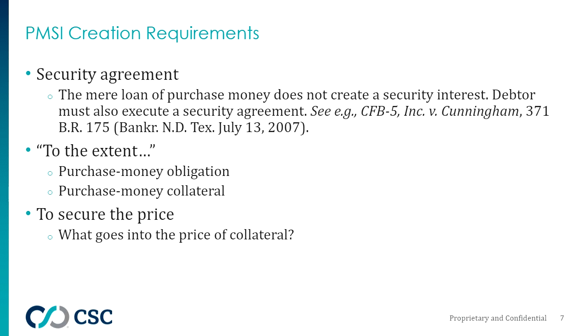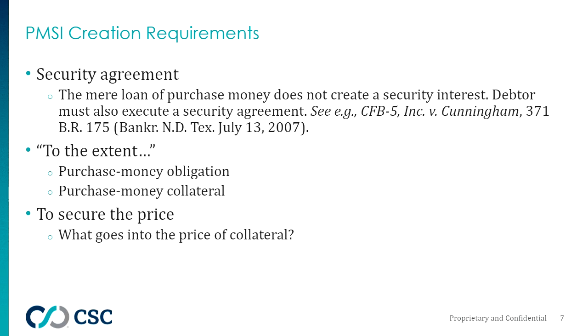And what is a purchase money obligation? The money that enabled the debtor to acquire rights in the collateral. But what happens if the loan is for more than the collateral or the cost of acquiring the collateral? Well, the purchase money security interest will only extend to the extent that it's a purchase money obligation, and the purchase money priority won't apply to the other funds that were part of that transaction.